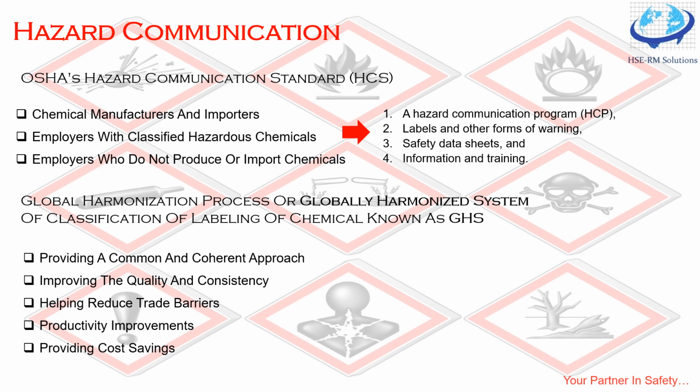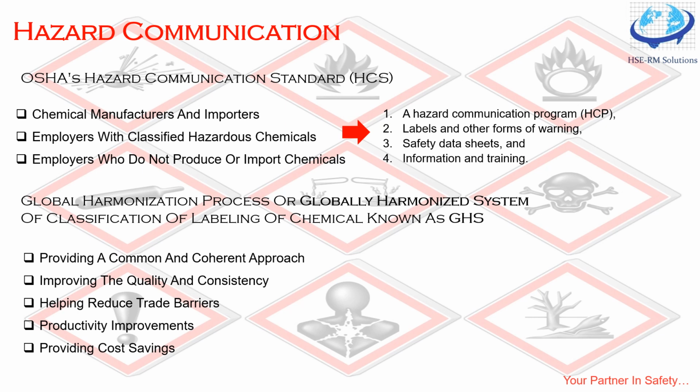Correct? So this applies to manufacturers and importers. When it comes from the manufacturer or importer, it goes to whom? It goes to the employer. Employers with classified hazardous chemicals in their workplace must have labels and safety data sheets for their exposed workers, and train workers to safely handle those chemicals.